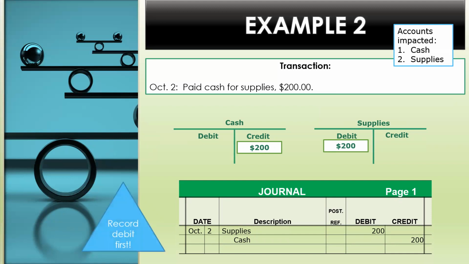Then we've got supplies first because that's our debit. So we enter supplies under description. We go over to the debit column and enter 200. On the next row, we have cash. And then we move over to the credit column and we enter 200. That's how to journalize example 2.